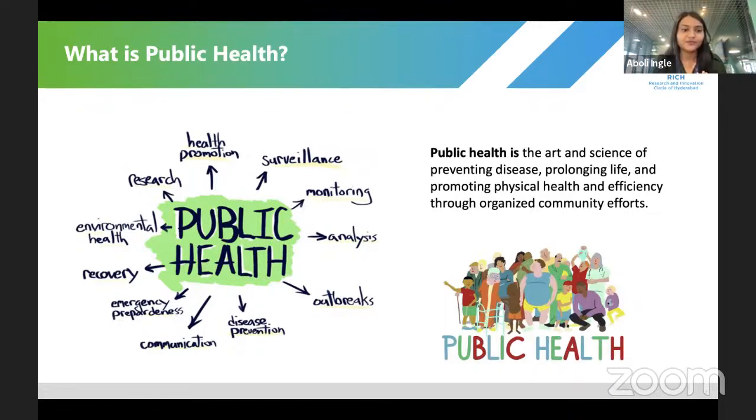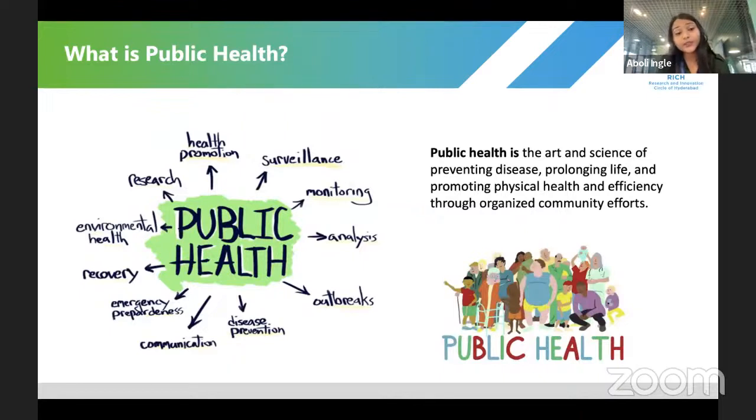And then comes health surveillance, which is one of the important aspects of public health. In health surveillance, we try to monitor the health status of the population, to identify the trends, outbreaks and health risks currently present in the population.